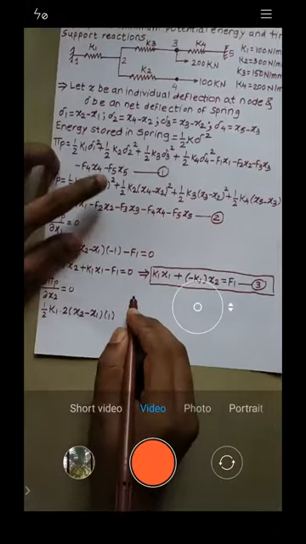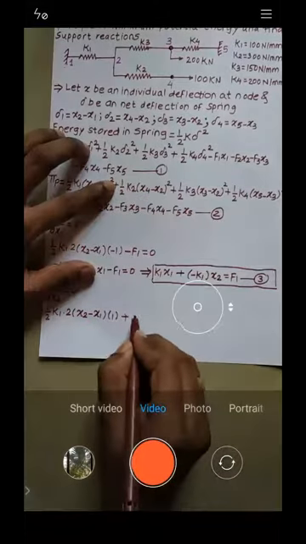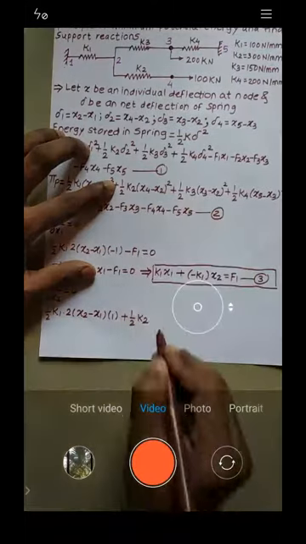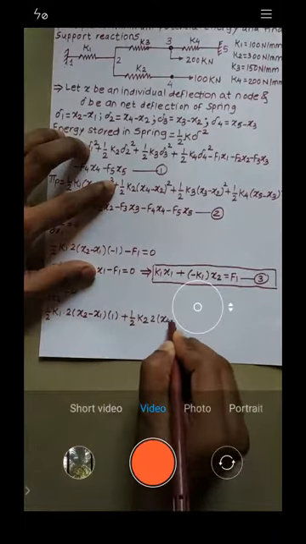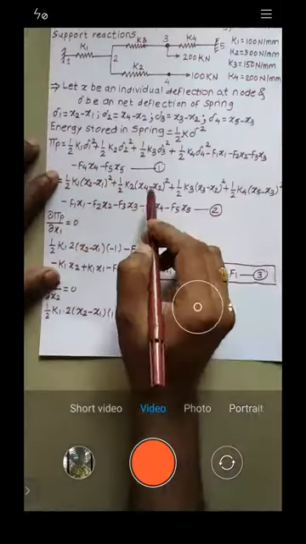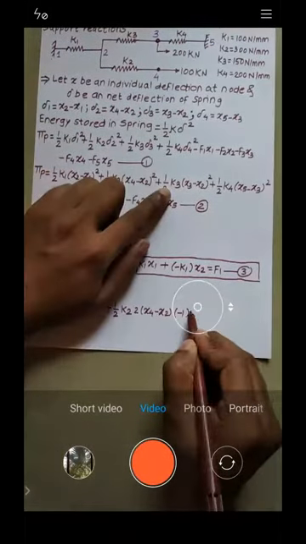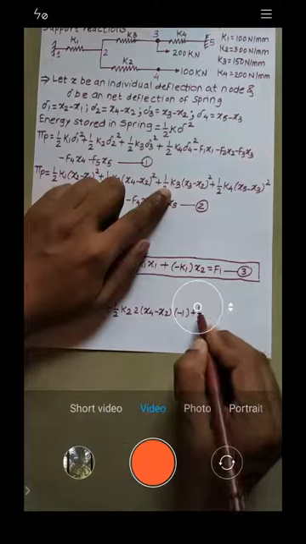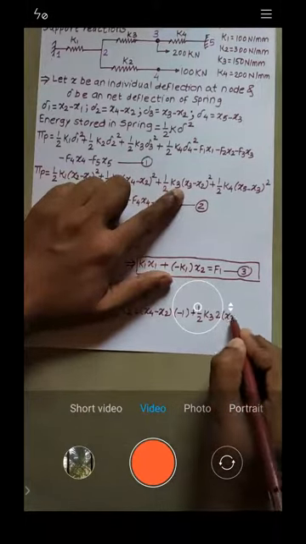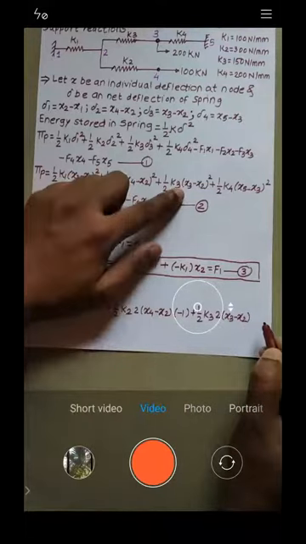Right? Then for this term plus half k2. Here again there is an x2 term, so that is twice of (x4 minus x2) into minus 1 into minus 1. Is it okay? Next, differentiation of this term, half k3 into twice of (x3 minus x2) into minus 1.